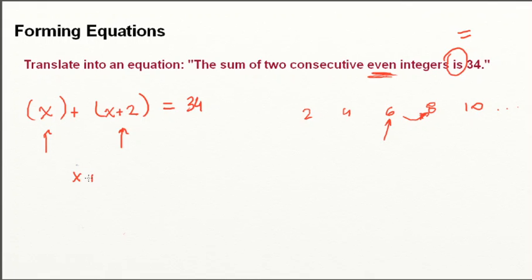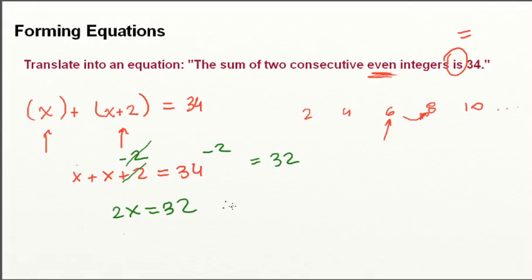So x plus x plus 2 is 34. So I have to subtract 2 from both sides. And then we get rid of this 2 here, and 34 minus 2 will be 32. So x plus x, which is 2x, is 32, therefore x is 16.